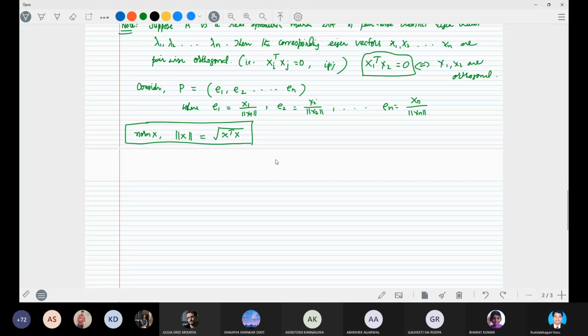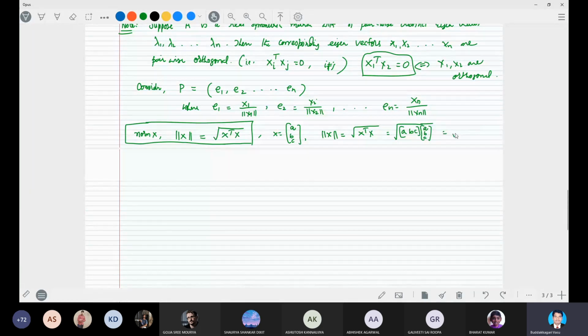Suppose I just take x here as a, b, c. Then norm x is equal to the square root of x transpose into x, that is equal to root of x transpose, which is a, b, c, into x, which is a, b, c.